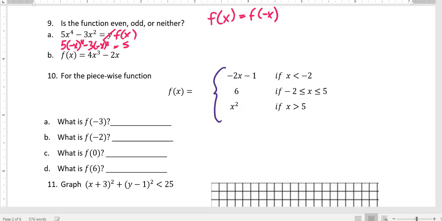That would be 5 times negative x to the fourth minus 3 squared. Well, you notice that's what we started with. So f of negative x is equal to f of x. So it is even. Mathematically an even function. But I told you there's a little hack that you can use. So you can use your calculator for this one too.